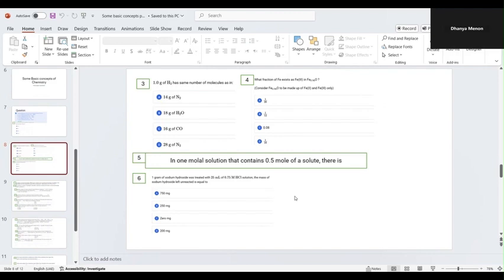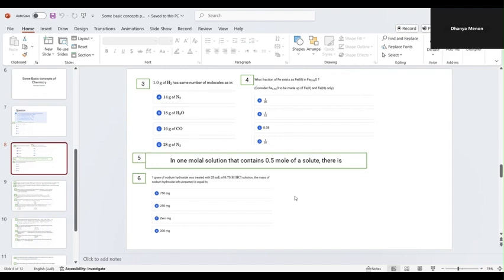So in question number 4, what fraction of iron, Fe means iron, exists as Fe3 plus in Fe 0.96 O, and consider that Fe 0.96 O is made up of iron 2 and iron 3.